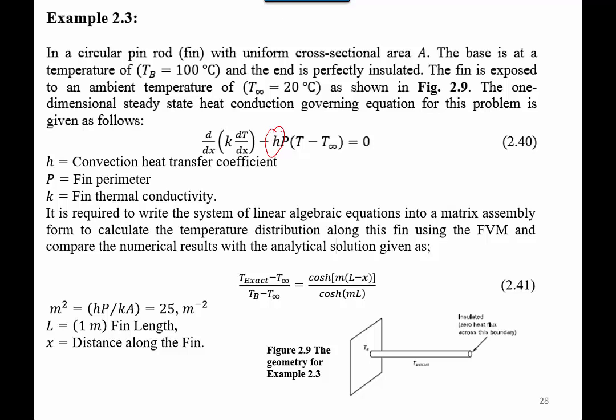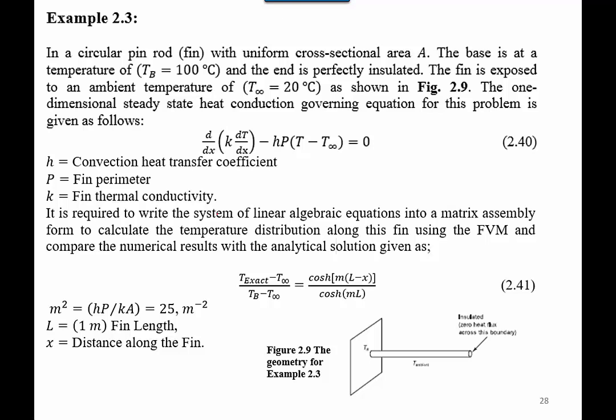So the general heat energy equation is given as shown in equation 240: d by dx of k dT by dx, minus hP multiplied by T minus T infinity, equals 0. h represents the convective heat transfer coefficient, P represents the fin parameter, and k the thermal conductivity of the fin material.